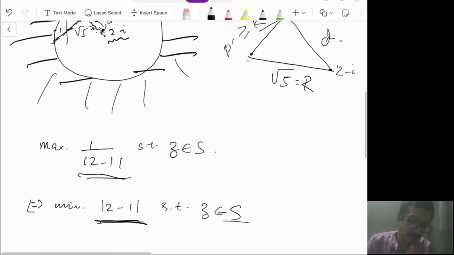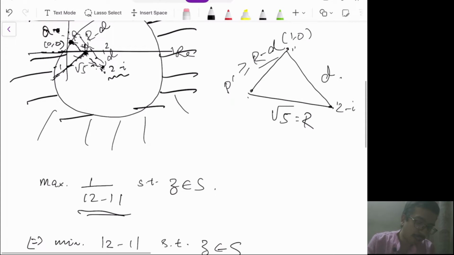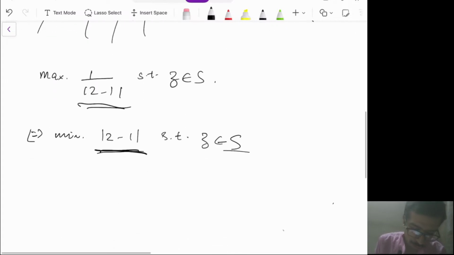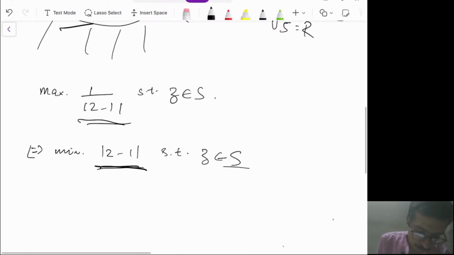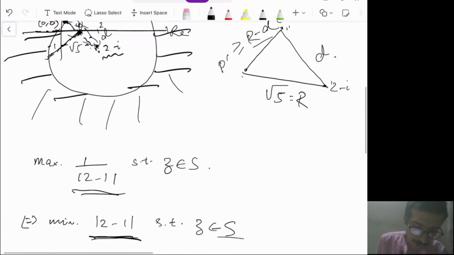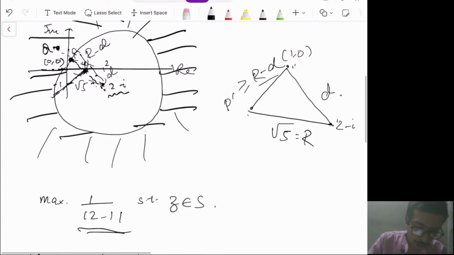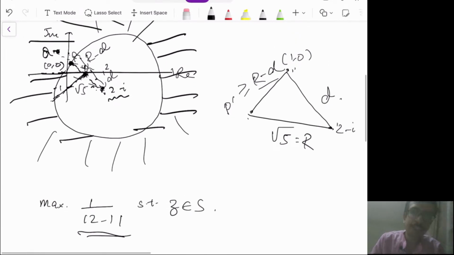So basically the idea is this, that we can actually find the phase and the distance of the point with respect to 2 minus iota.